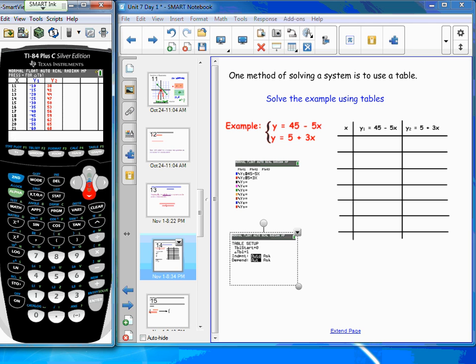Are you seeing any x values that are paired with the same y coordinates? 5? Yeah, 5. So I've got to go back.